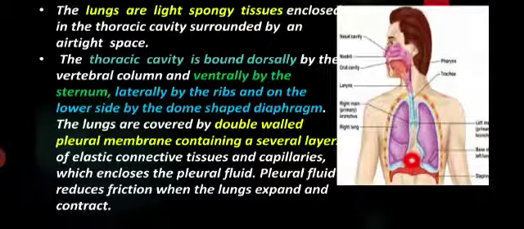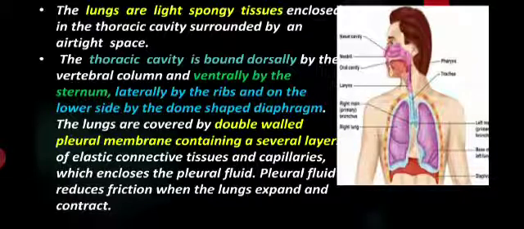Lungs are covered by a double-walled pleural membrane. The pleural membrane has two layers filled with pleural fluid. This fluid reduces the friction when the lungs expand and contract.